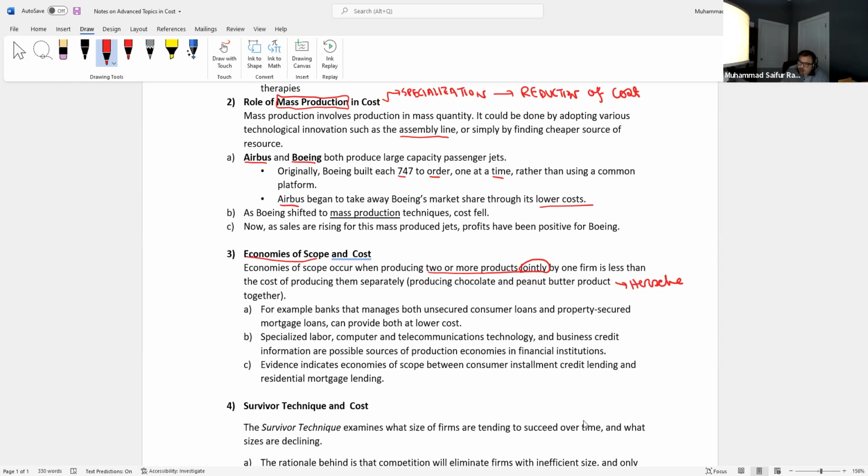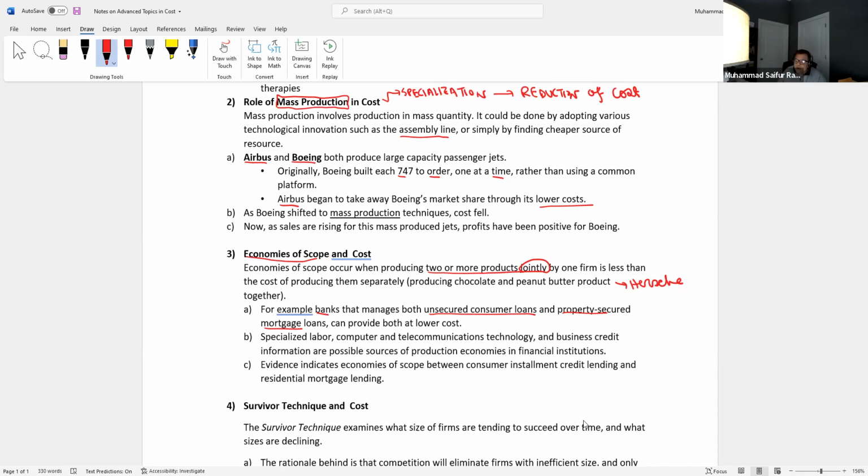So imagine that there is a bank that is providing unsecured consumer loans and also property secured mortgage loans. Unsecured consumer loans could be like issuing a credit card. That's actually a loan to the consumer. There might be more specialized unsecured loans like a car loan, personal expenditure loan, and property secured mortgage loans are something that we are all familiar with.